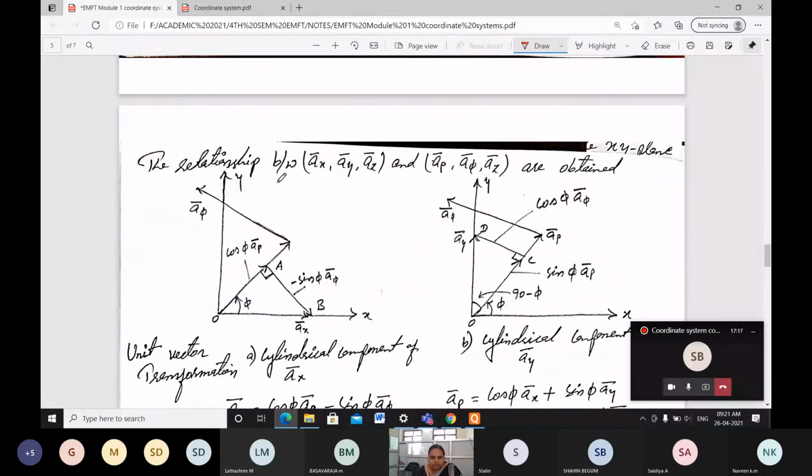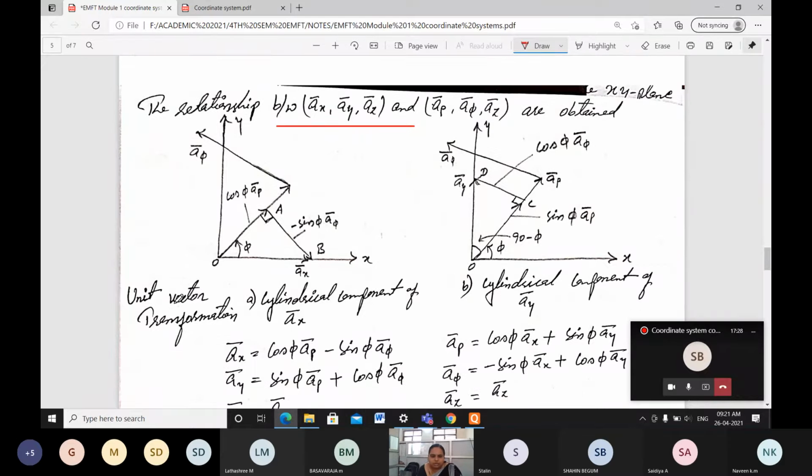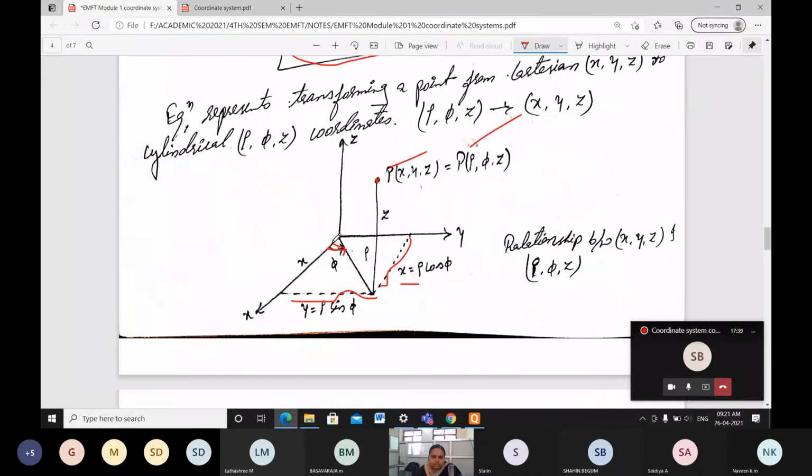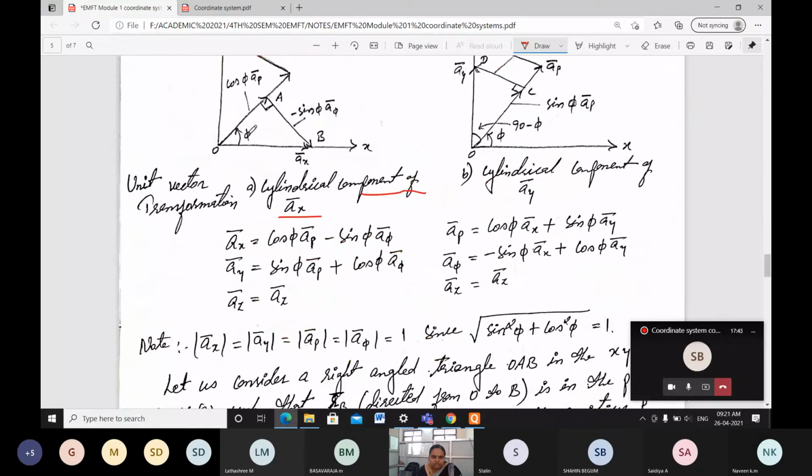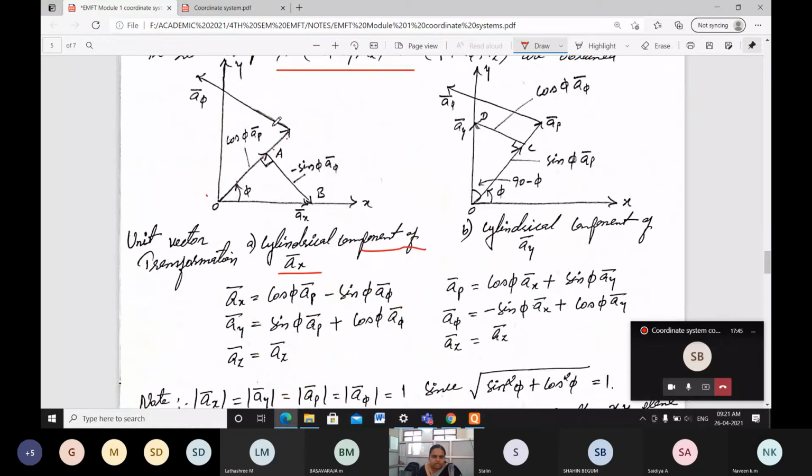Then in terms of the unit vector relationship between the Cartesian and the cylindrical coordinate system, rho, phi, z is going to be here for the unit vector transformation for the component of unit vector ax. Observe here, it is just extended and taken in the direction of a phi.